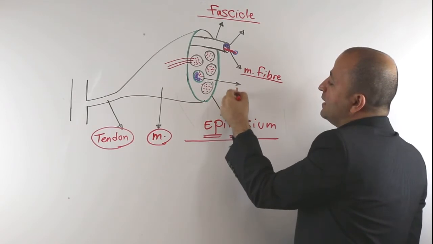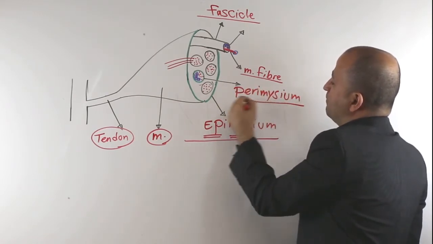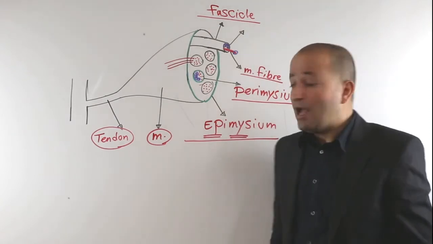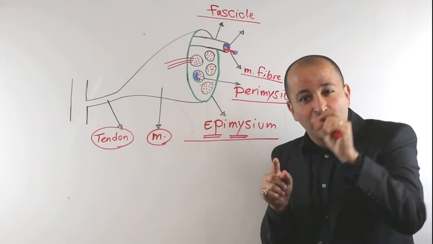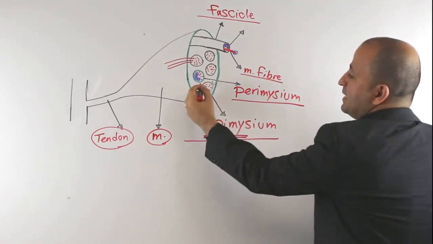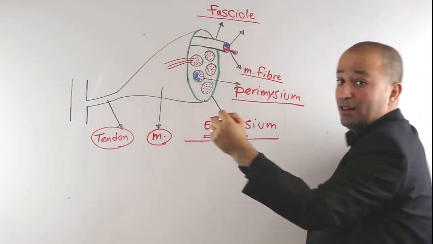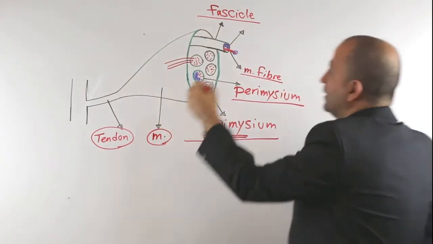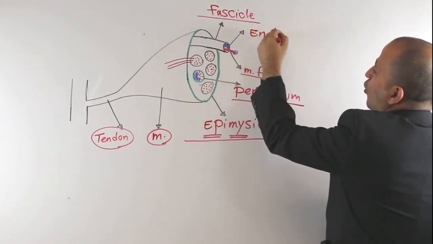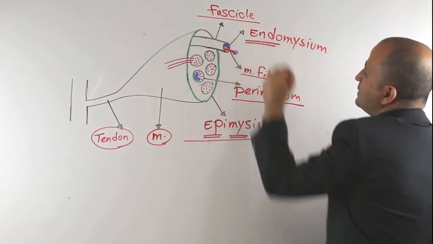That is called perimysium. And what is the cover that is covering one muscle fiber? The deepest layer, this blue one. It's called endomysium. Endo means inside.